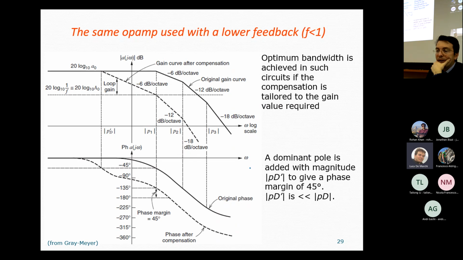So if we repeat the analysis in the new case with f smaller than 1, and we wanted to set the phase margin to be again rigorously equal to 45 degrees, what we need is that the dashed curve passes around P1 when we hit the 1 over f curve.